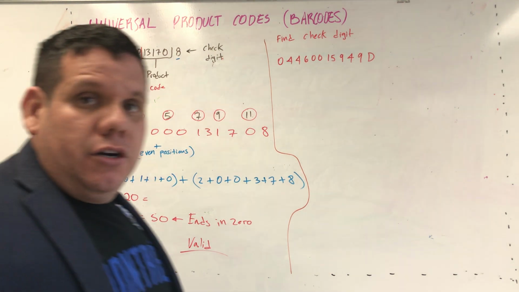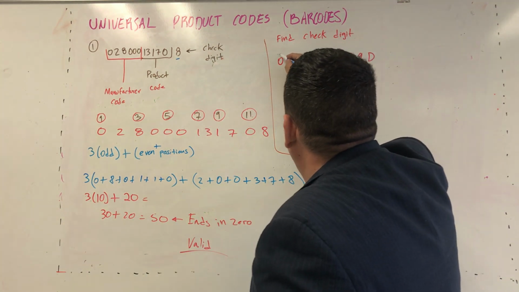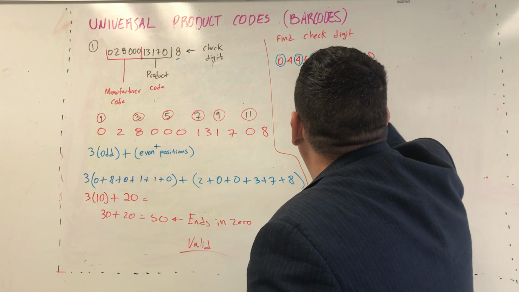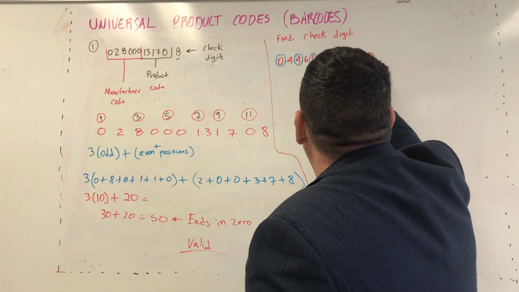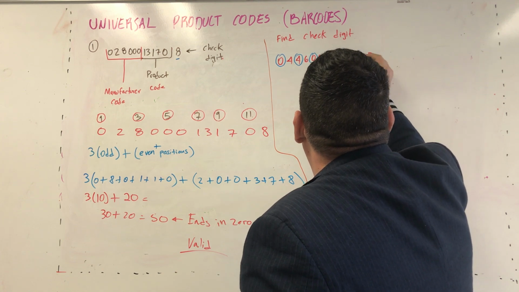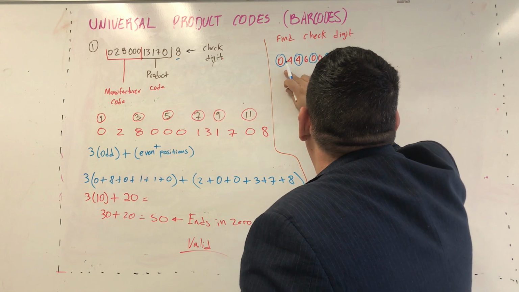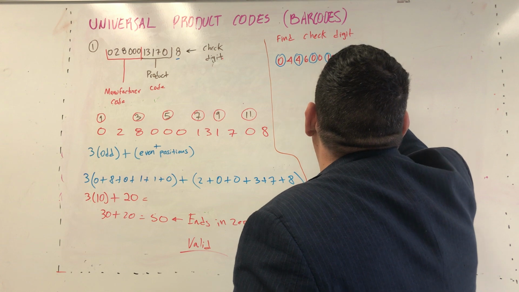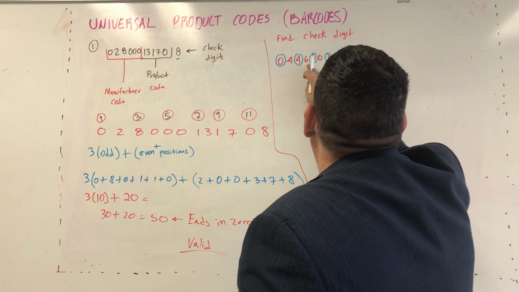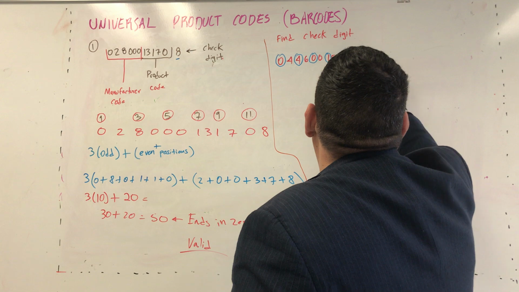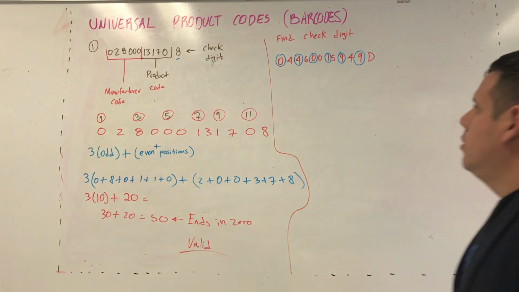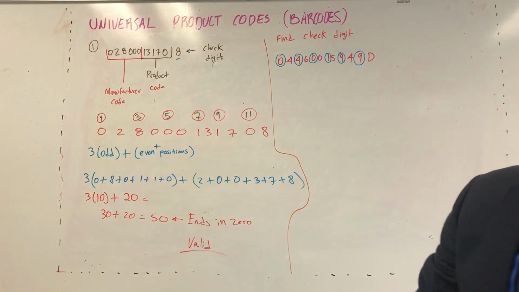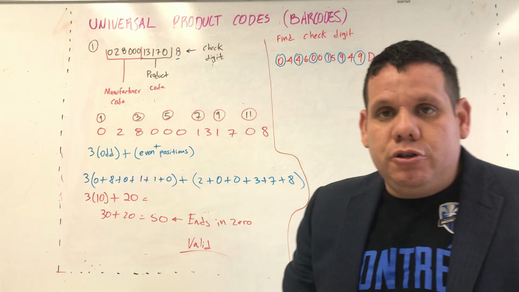So I will circle just the odd position values like this. You can separate them as you want. All right, so I have all 6 numbers located in odd positions: 1, 2, 3, 4, 5, 6.